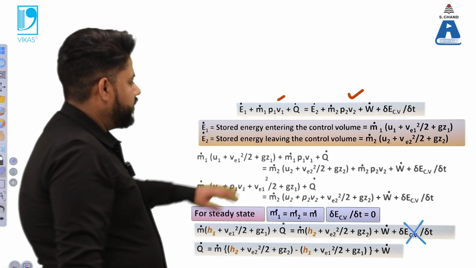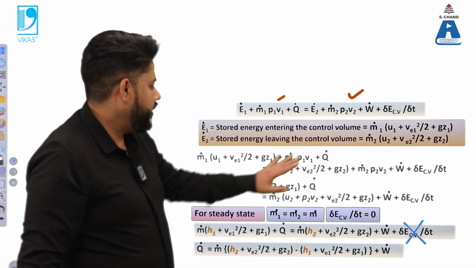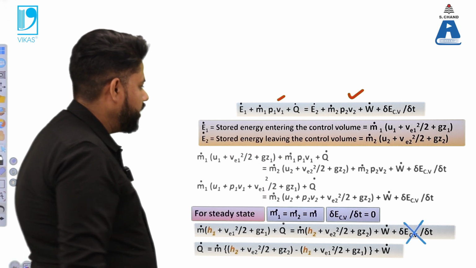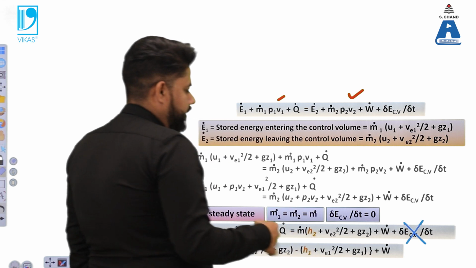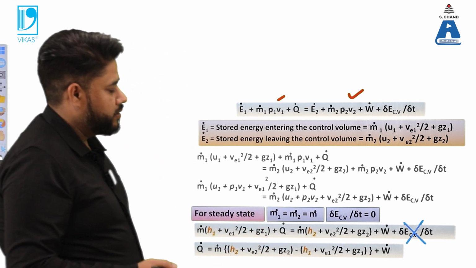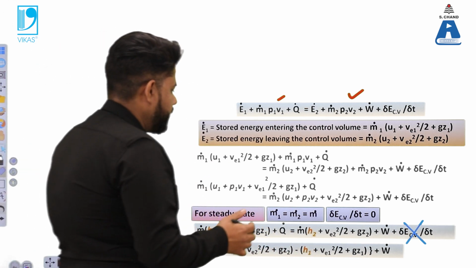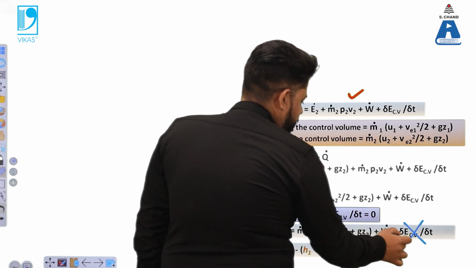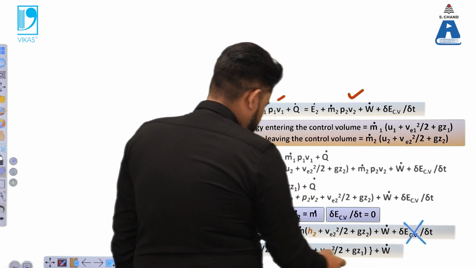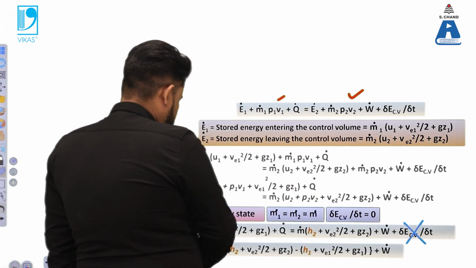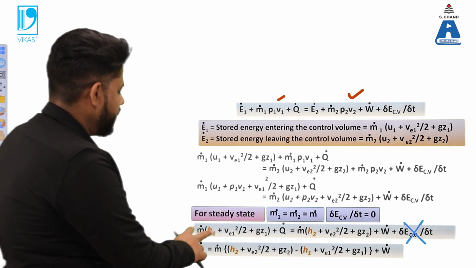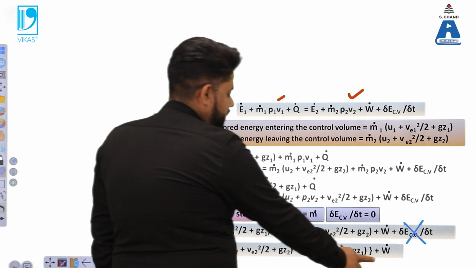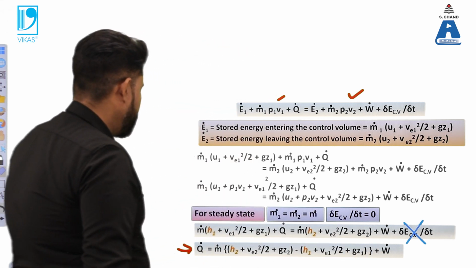Then you can substitute these E1 and E2 values in the formula, and when this controlled volume does not entail an energy change, you can substitute that part equal to 0. So this can be removed from there, and you will get this final relationship, which indicates the difference between the two values plus the work done.